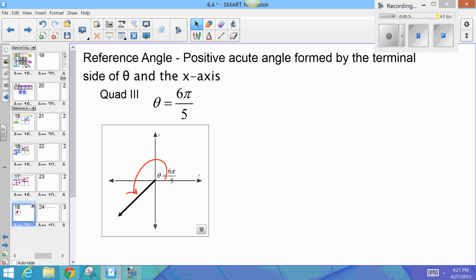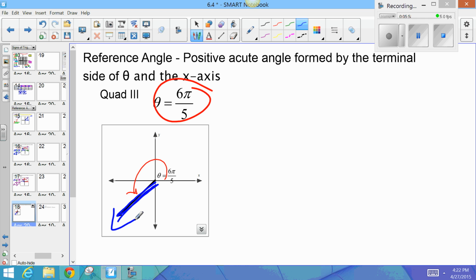Next problem. Here I've got a quadrant 3 angle, and this one is 6 pi over 5, already shown there in red. The reference angle is the positive acute angle formed by the terminal side of theta, which is right here in blue, and the x-axis. So it's this part here. Now, in this case, that blue part is part of the red part.